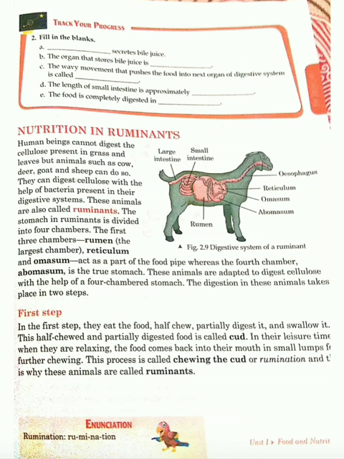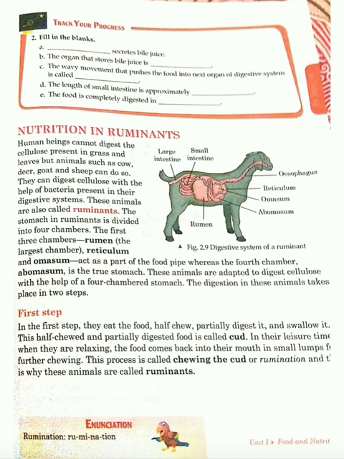So all these 5 steps collectively form the process of nutrition. Okay, and we have discussed how assimilation, absorption, and all other processes take place in human beings. So I think up to here everything is clear to you.